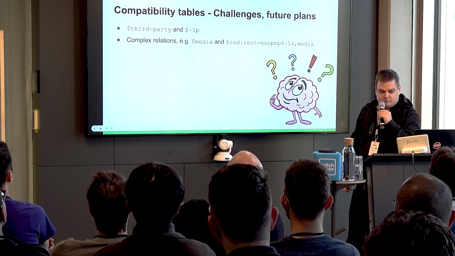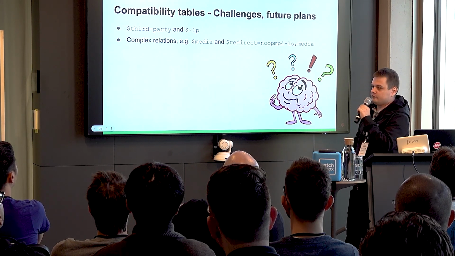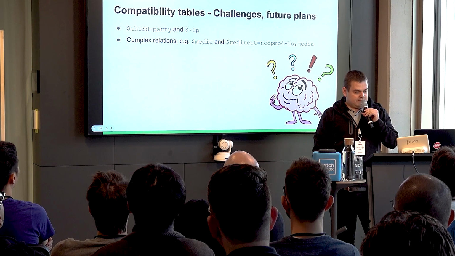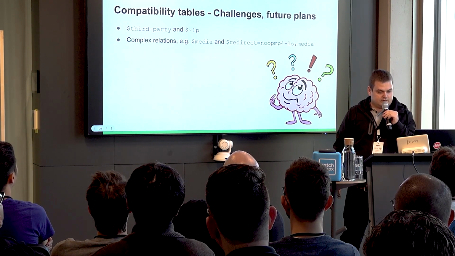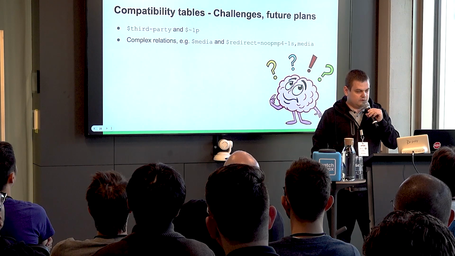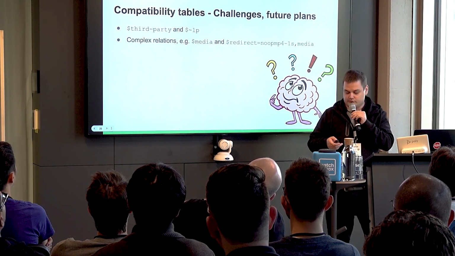Similarly, the legacy MP4 modifier can be represented by two other modifiers. So these are a bit more complex relations, but actually we don't handle these cases yet. But even so, the compatibility tables address most of the essential use cases.